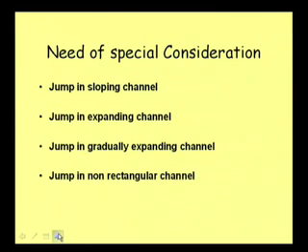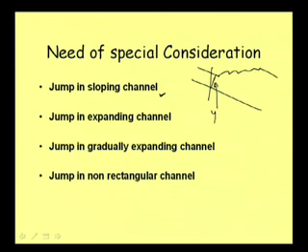Then we need to give special consideration to some of the issues, like when we are talking about a jump in a sloping channel like this, then if we measure the depth in this direction y, then the actual flow cross section in this direction will be y1 cos theta, and that will also be y2 cos theta, because our basic concern is that we are measuring the pressure in the direction of flow.